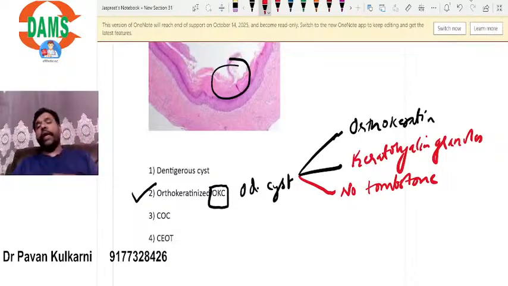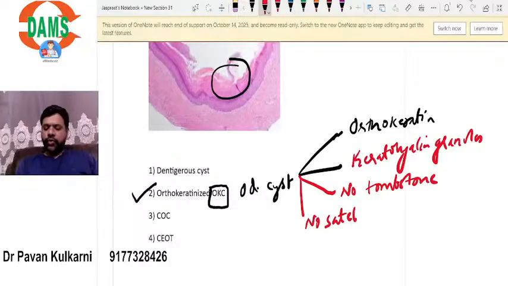Okay. However, in OKC you will see a classical arrangement of the basal cells, which is called a tombstone or a picket fence appearance. Whereas in case of OOC, you don't see this tombstone, and in OOC you don't see any satellite cysts also. Remember, satellite cyst is also not a feature of the OOC.